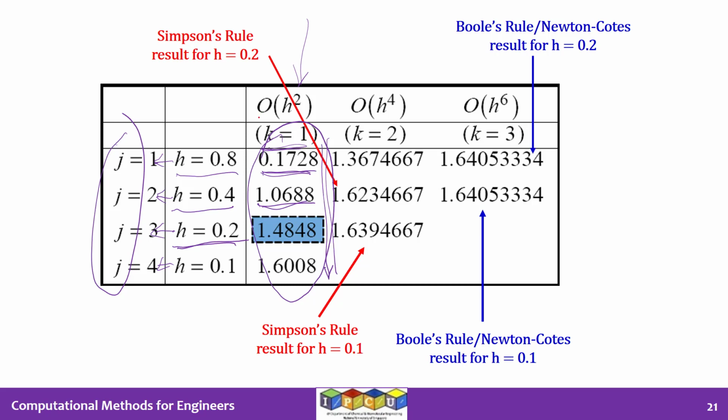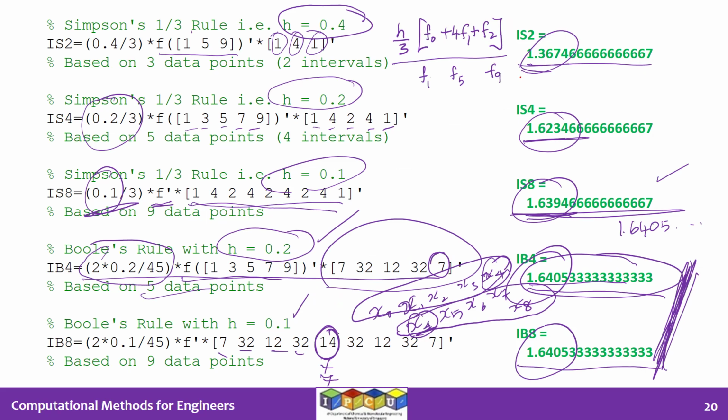And the error for trapezoid rule is of the order of h squared. Now, what you see here in the second column are the estimates of Simpson's rule for different values of h. When h is equal to 0.4, we got 1.3674. When h is equal to 0.2, we got 1.6234.